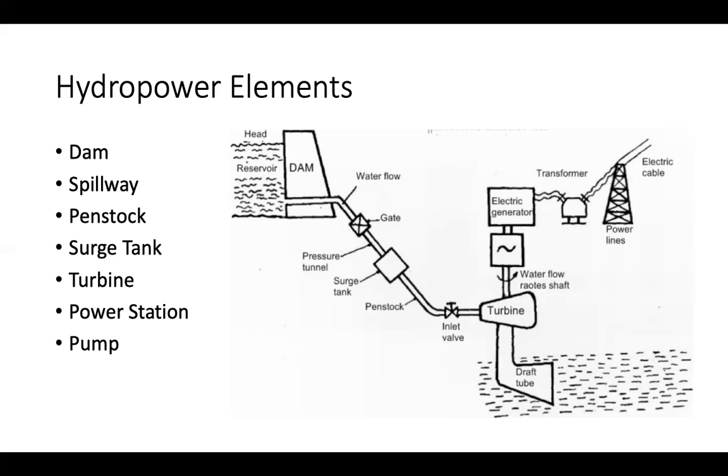The penstock is a pipe connecting the turbine and the water flow. A surge tank is a tank on the pipe. This tank can hold water and control the water pressure to make the turbine work most efficiently.